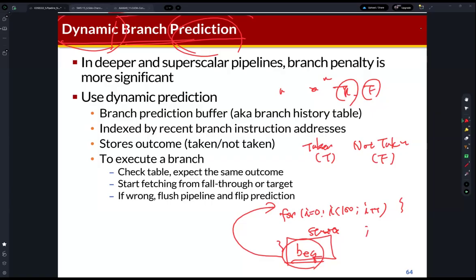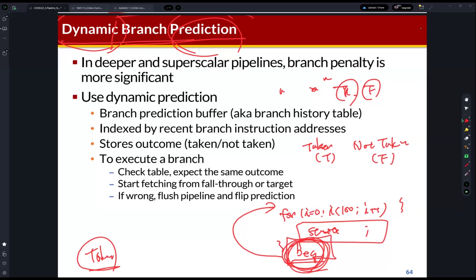So this code will execute this statement repeatedly 100 times, right? Which means that once this BQ is taken, then what's the next behavior?